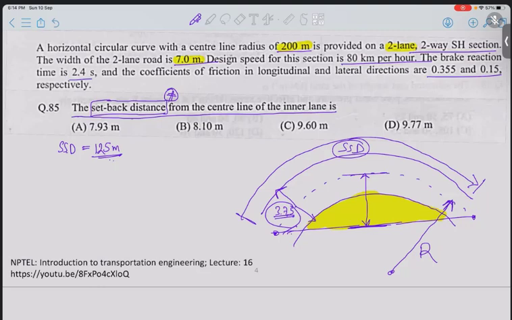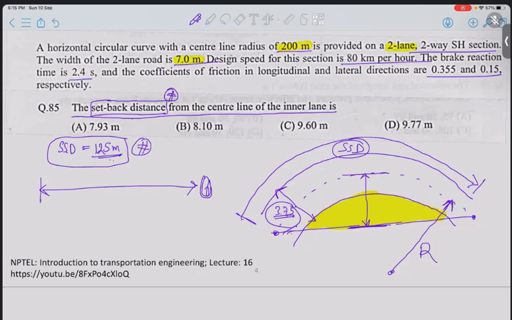Now, okay, let me explain for those who didn't understand. See, stopping sight distance is the distance at which you should be able to see your obstacle. This is the safe distance: if you see your obstacle before this much distance and you apply brake, you will be able to stop.